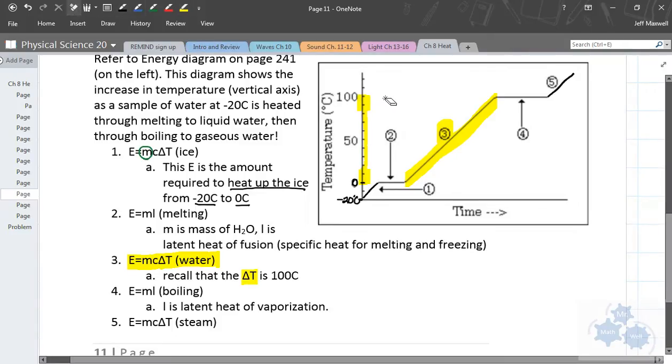Questions? Yep. Yes, that's right. Steam, water, ice. So ice has a specific heat capacity that's different from the specific heat capacity for water. Don't change out the T, but change out the C. Yeah, change out the C every time. Now, I think if you look carefully, two of them are pretty much the same.